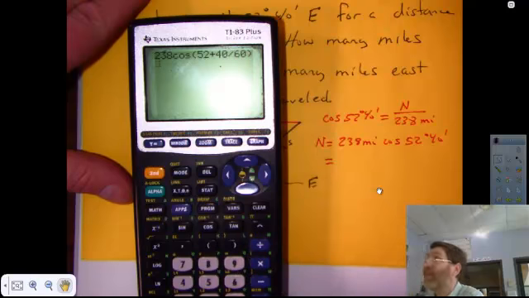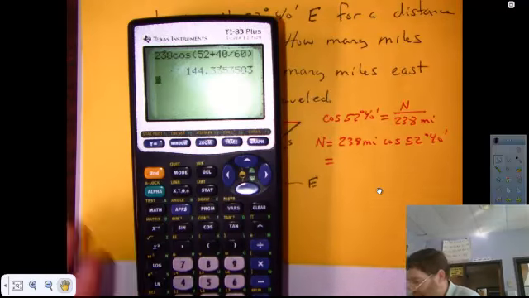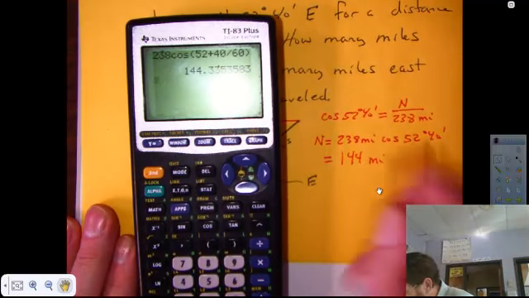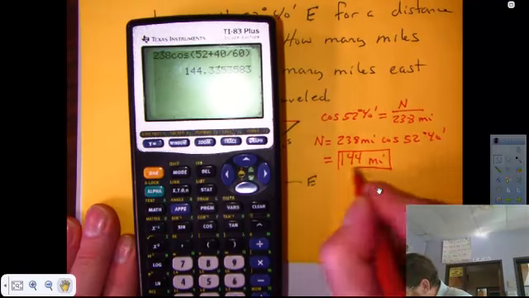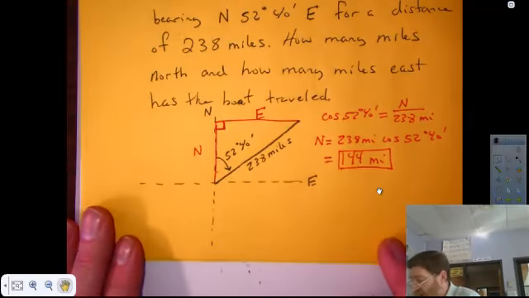Let's do it all in one step like that. And the answer is, what should I round this to? Since the length was in 3 significant digits, keep that 3: 144 miles.